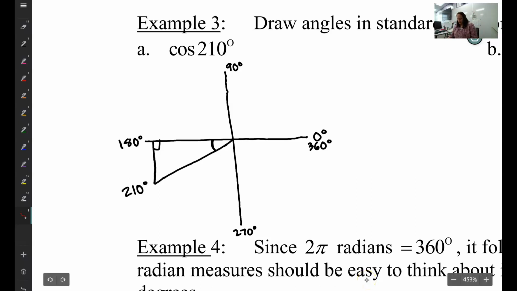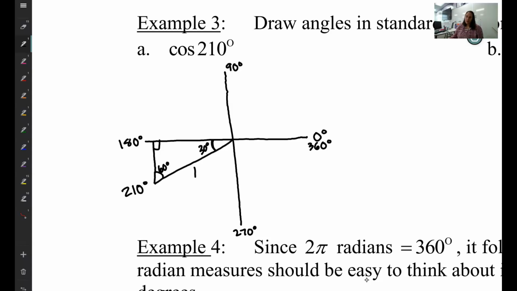And I want to find what is that reference angle right there. Well, I can just find the difference. 210 minus 180 is 30 degrees. So this is a 30, 60, 90. And not only that, this is on the unit circle. The reason it's called the unit circle is because the radius is always 1.